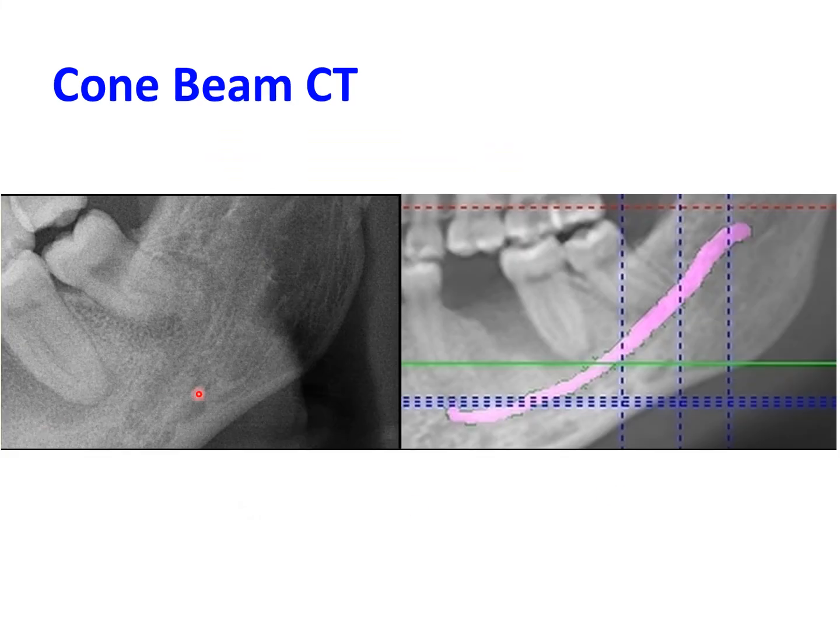Similarly, if there is darkening of the roots and the shadow of the inferior alveolar nerve canal is not clearly visible on an OPG, then you can see the relationship more clearly on a cone beam CT scan.